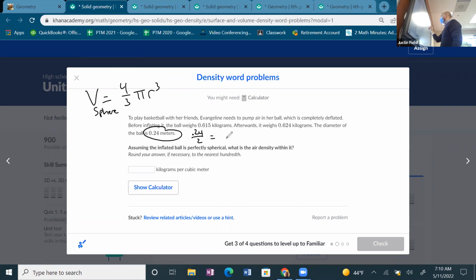Divide that by 2 and we get 0.12. So we can now find the volume of our sphere. So I'm just going to put parentheses 4 divided by 3 times pi times 0.12 to the third power. And I get 0.007.